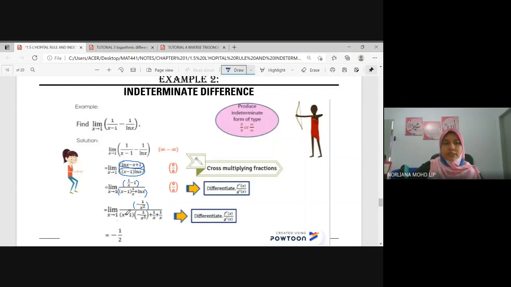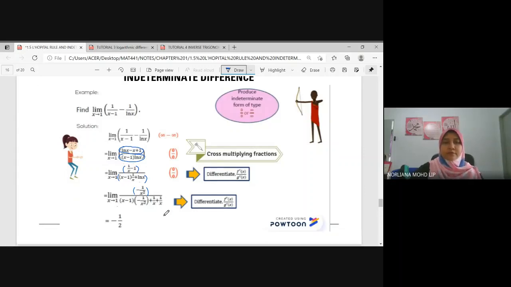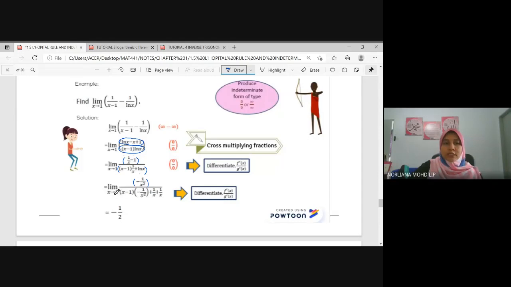So we get this answer: x minus 1 times negative 1 over x squared plus 1 over x plus 1 over x. Then we substitute x equal to 1 into this function. So we get the answer, a real number: negative 1 over 2.